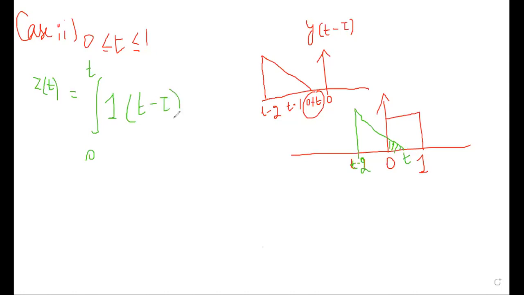Please remember, in all the earlier problems, both x of t and y of t had an amplitude of 1 or 2 or 3. But here I don't know the amplitude of y of t minus tau, since it is a ramp signal. So if a ramp signal is given in the question, you should take the amplitude as t minus tau. This t minus tau represents the slope.